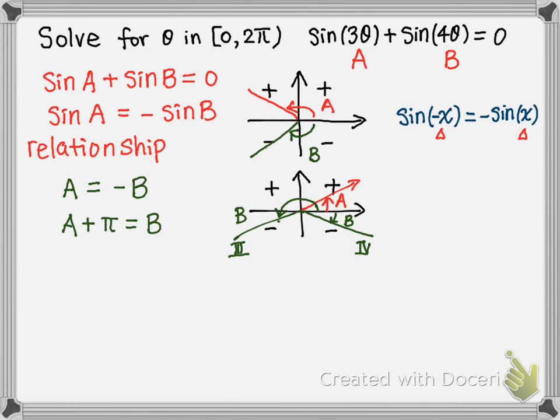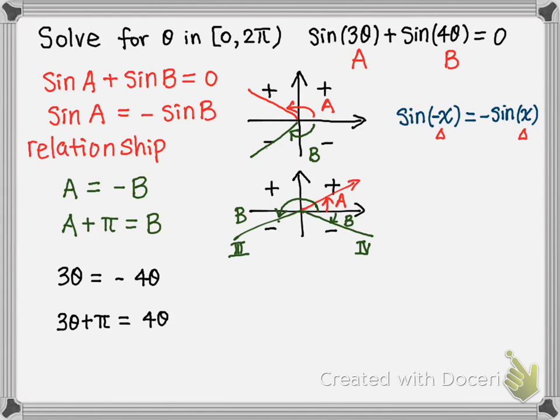For our equation, A is 3 theta and B is 4 theta. So 3 theta equals negative 4 theta. That's the first relationship. The second relationship is 3 theta plus pi equals 4 theta.